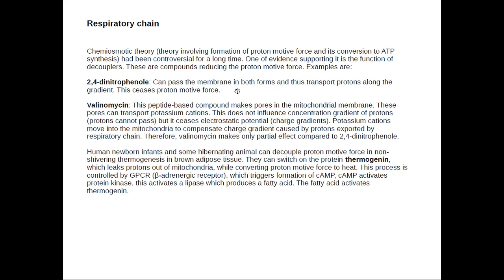But if there is a high electrostatic potential on the membrane, which means that there is an excess of positively charged particles on one side of the membrane and a lack of positively charged particles on the other side, and there are some potassium cations at the same concentration on both sides of the membrane, it happens that these potassium cations will go through the valinomycin pores to the other side of the membrane to somehow compensate this gradient of charges.